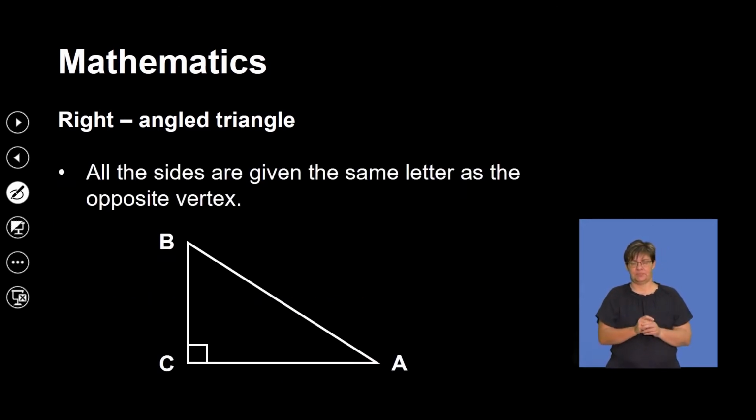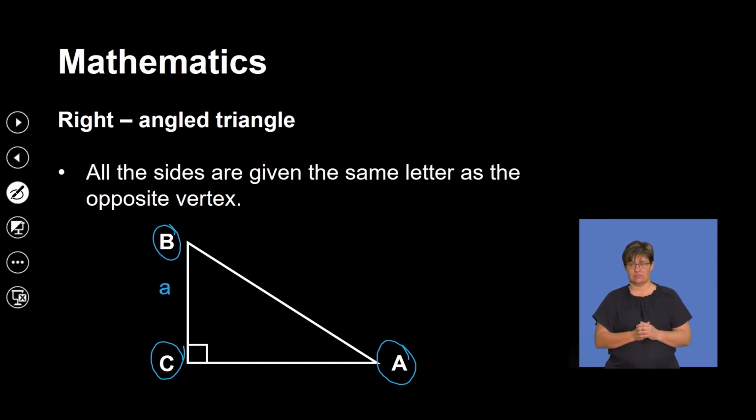Also, remember that all sides are given the same letter as the opposite vertex. So meaning the side opposite A will be given the small letter a, as a lowercase. The side opposite B will be given a lowercase b. The side opposite C will be given a lowercase c.